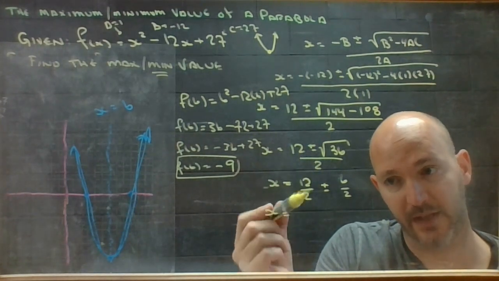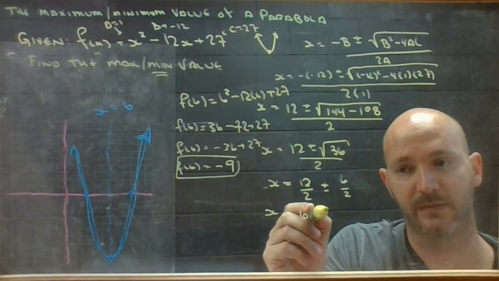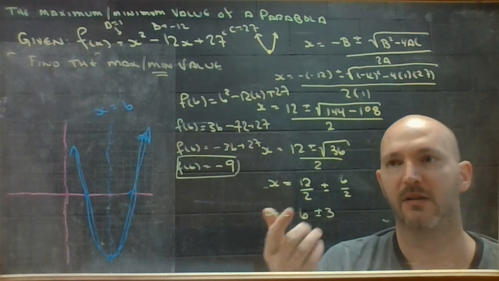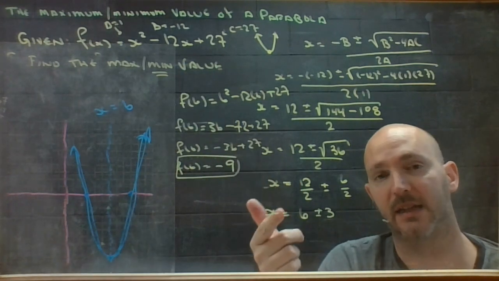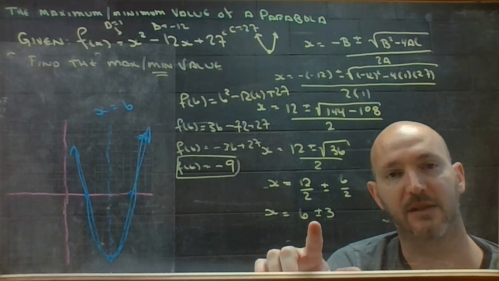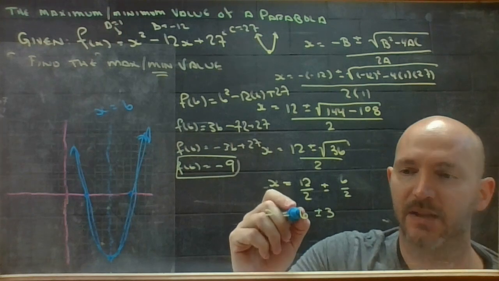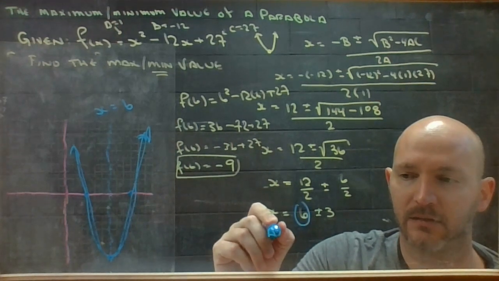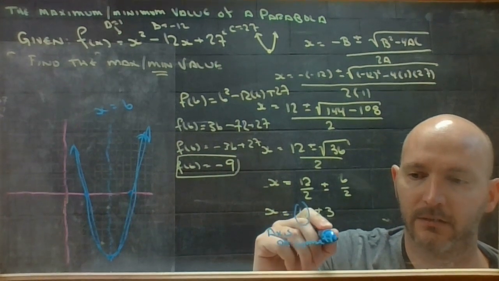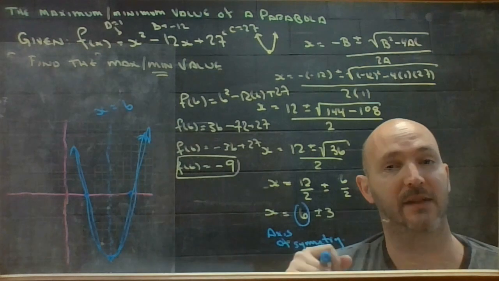So 12 divided by 2 is 6, and 6 divided by 2 is 3. So when you're trying to find the x-intercepts, you ended up with a structure like this in your quadratic formula, which told you where the axis of symmetry is, and how much you have to step away from it in order to find your x-intercepts.